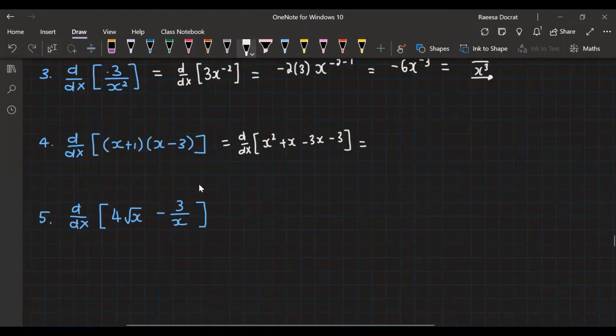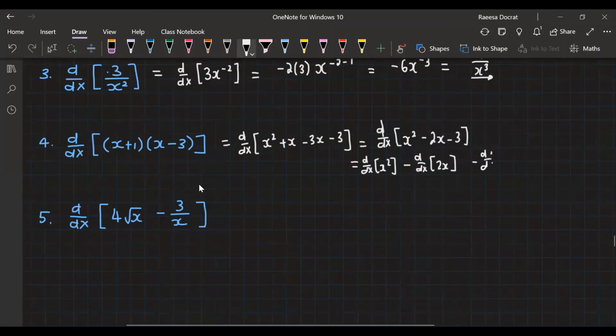And that we can still simplify further using our algebra. So this would simplify to x squared minus 2x minus 3. And then we can use the rule where we split it over. So this is d by dx of x squared minus d by dx of 2x minus d by dx of 3.